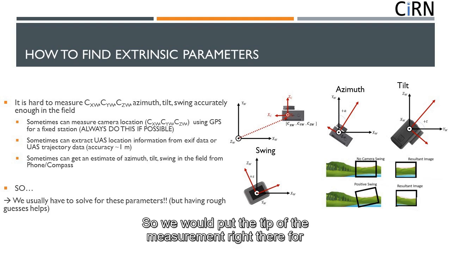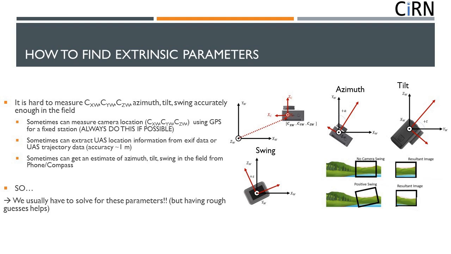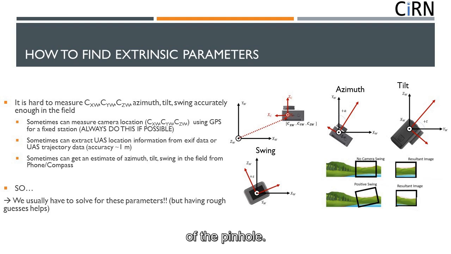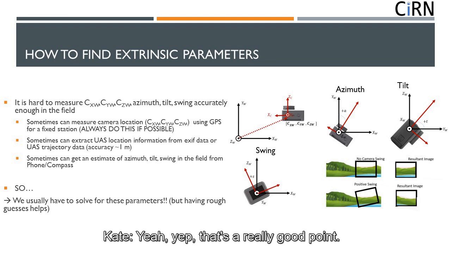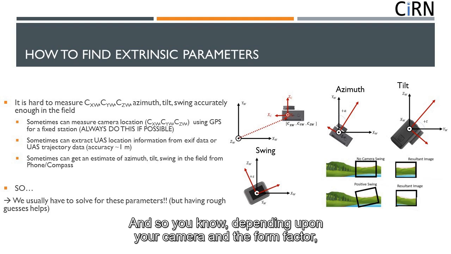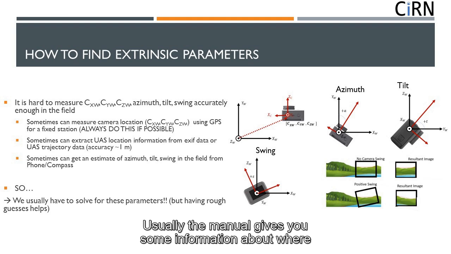We would put the tip of the measuring rod there, and then estimate the height difference in your vertical. That will give you a pretty good estimate of the pinhole. That's a really good point. You're never going to be able to measure exactly where it is, so depending upon your camera and the form factor, use your best judgment. Usually the manual gives you some information about where that is.